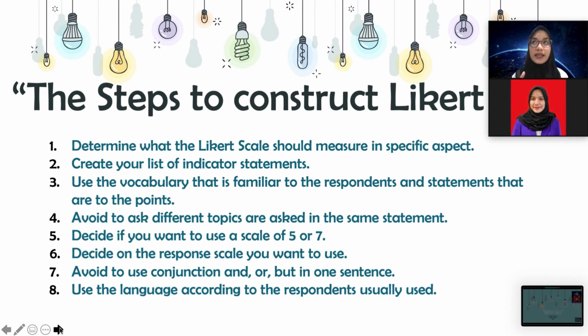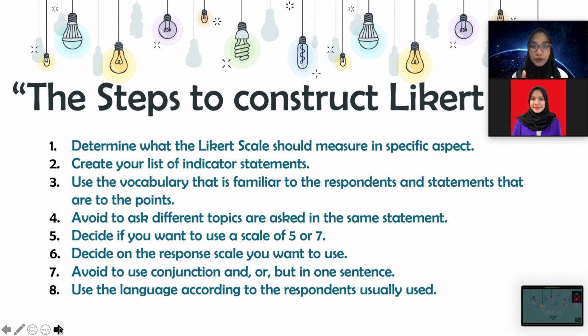And the statement in the Likert scale must be to the point, to clearly explain the contents of the statement. And the next is avoid asking different topics in the same statement. It means in one sentence or one statement, there are no two topics being talked about. And the next is decide if you want to use the scale of 5 or 7.